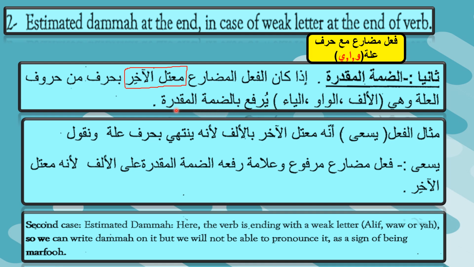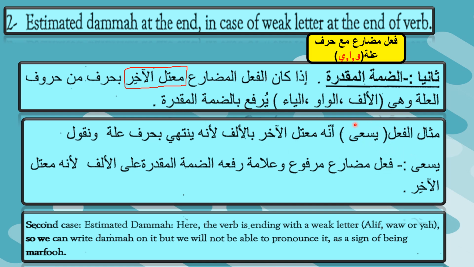Whenever you have a فعل مضارع with a weak letter at the end, what are you going to do? يرفع, making it مرفوع بالضمة المقدرة. You can't put a clear dhamma over the weak letter, but you need to assume that there is a dhamma. So مثال الفعل, that means يسعى.